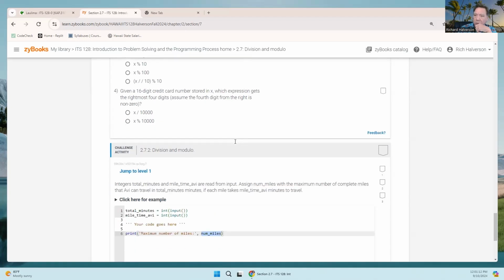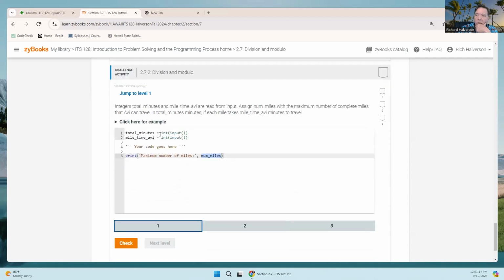There are no fractions. In this case, we're given total minutes and mile time, and we're supposed to assign num miles as the maximum number of complete miles. So the key here is complete miles.